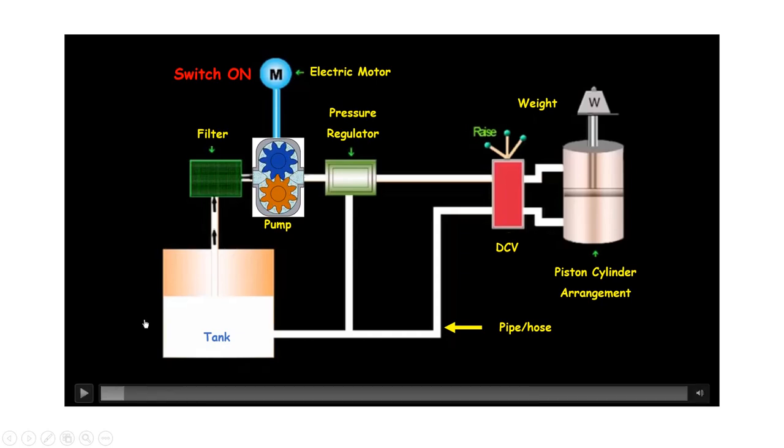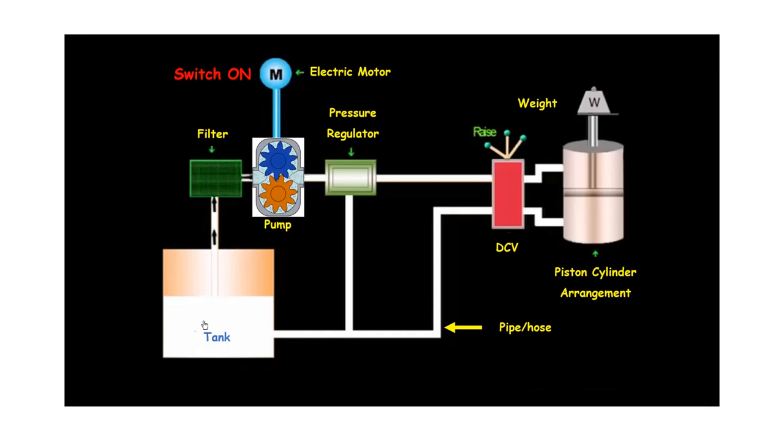As fluid passes through pump, pressure energy of fluid will increase. So in order to control the pressure going to the piston cylinder arrangement, pressure regulator is used to supply required pressure.